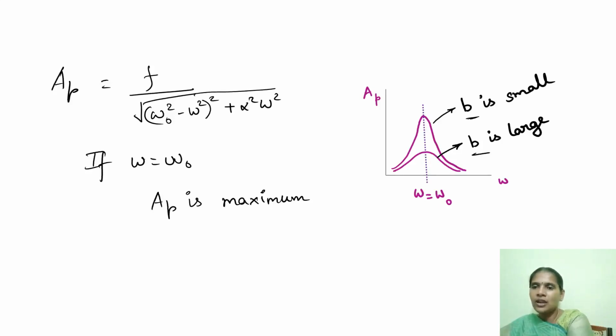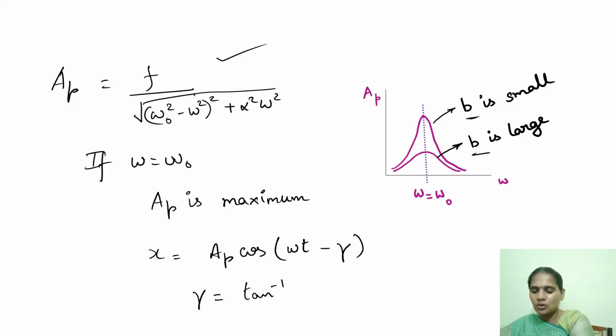In the solution, x equal to A_p cos (omega t minus gamma), A_p is the amplitude which is given by this expression. Gamma is the phase term which is given as tan inverse of (omega square minus omega naught square) by alpha omega.